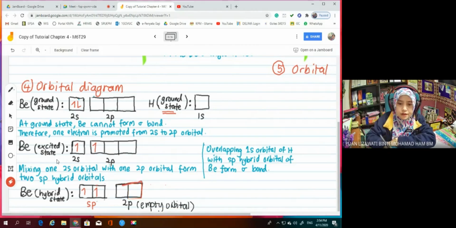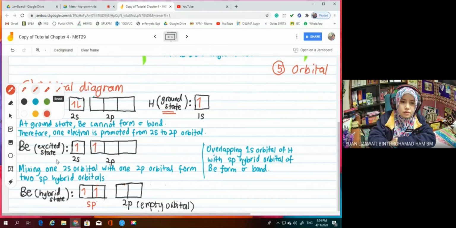Next, the orbital diagram for the terminal atom, which refers to hydrogen. Hybridization only occurs for the center atom. For the terminal, you can write the ground state. Hydrogen has one valence electron and it is located in the 1s orbital.